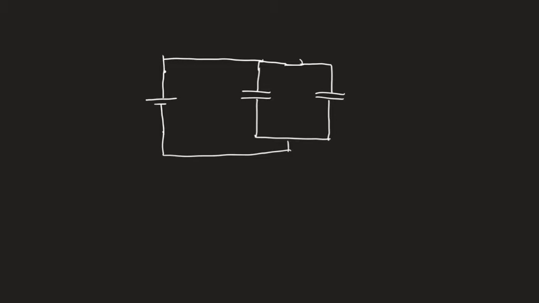What is important is that there's 3 possible loops through this circuit. There's this loop. That's a possible loop through this circuit. That is a pathway from one side of the battery to the other. There's this loop.